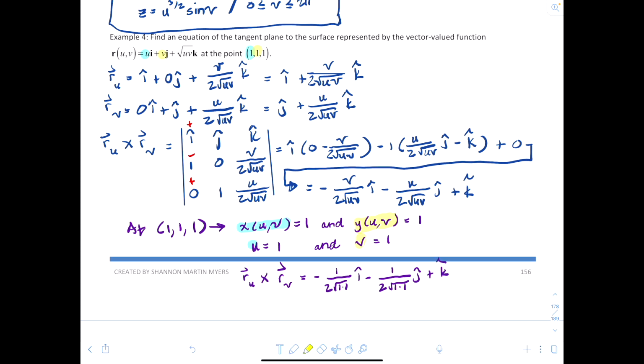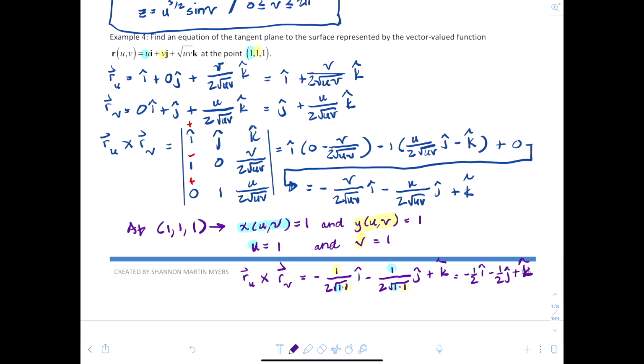And again, just plug it in. That's kind of the tricky part sometimes. So that's just going to equal negative 1/2 i minus 1/2 j plus k.